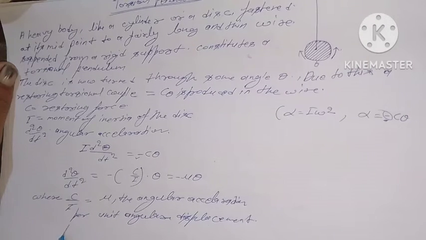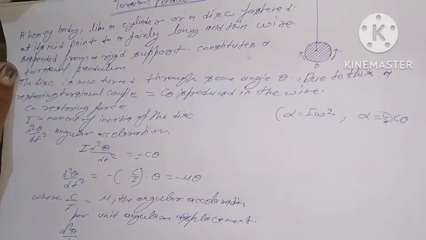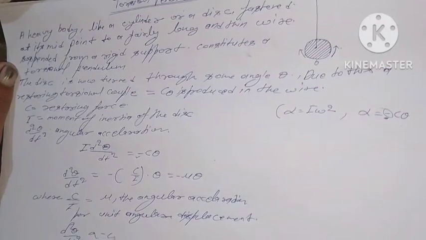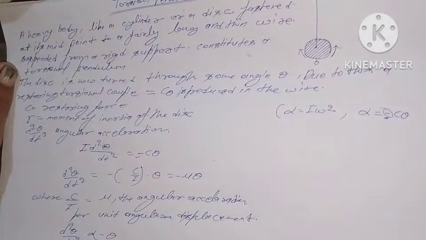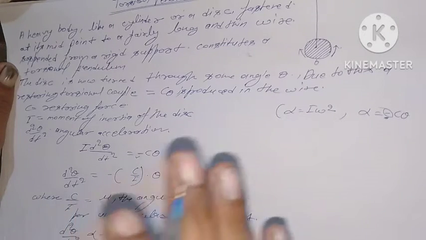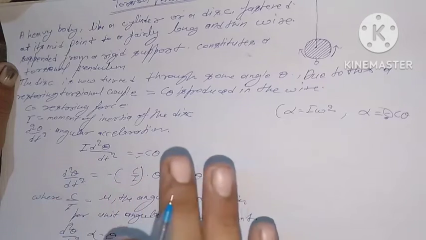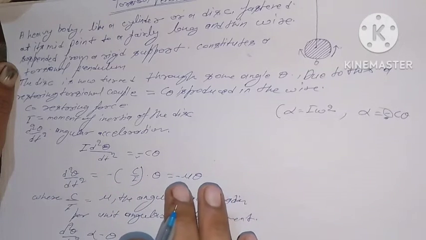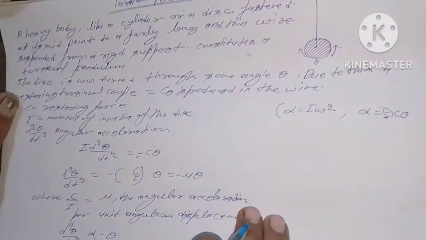Then d square theta upon dt square is directly proportional to minus theta. Thus the angular acceleration is directly proportional to its angular displacement and is directed oppositely to it.